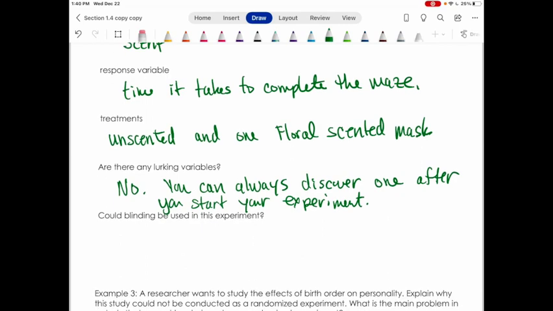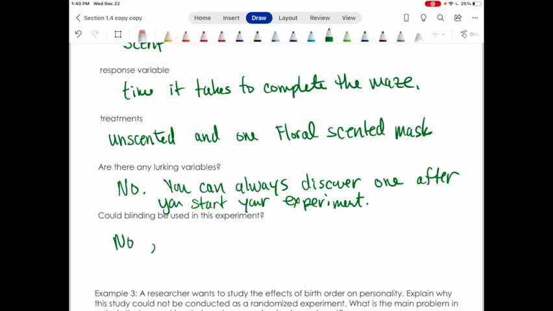Okay, so part D says, could blinding be used in this experiment? I don't think blinding will work here because the person that is wearing the mask can clearly tell whether or not they're wearing an unscented or a scented mask. So I don't think you're going to be able to hide that information. So I don't think that would be possible in this case.